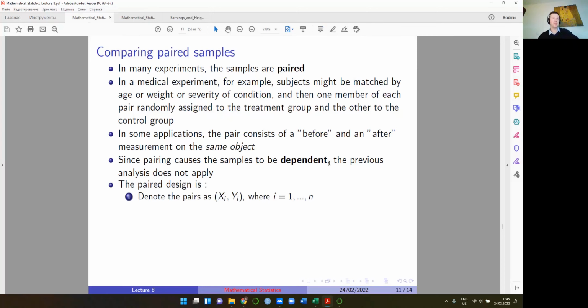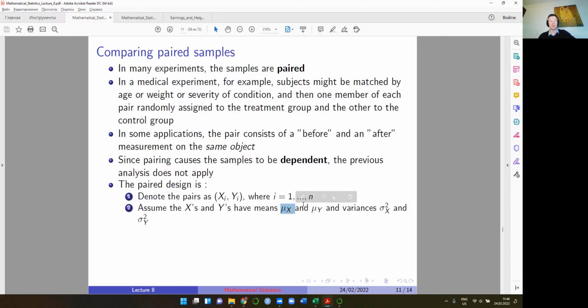Look, the paired design is the following. We make the pairs X_i and Y_i. So those are now not two random samples. This is one sample of pairs, X_i and Y_i. We assume that the X's and Y's have these means, mu_x and mu_y, and variances sigma squared x and sigma squared y.